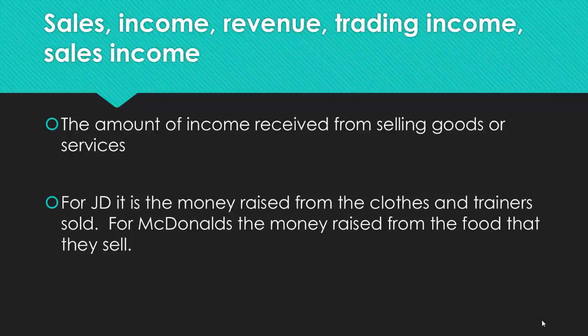Some businesses, interestingly, don't just make money by their primary source. McDonald's make money from the food and the drinks that they sell. But let's use, for example, a hairdresser. A hairdresser will make money by doing haircuts. That will be one source of revenue. But they'll also make money, maybe, by renting out the flat above the shop.